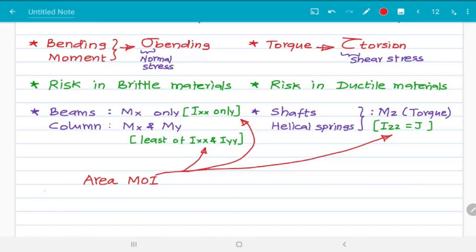So how to call Ixx? Ixx should be called area moment of inertia. Iyy in columns should be called area moment of inertia.